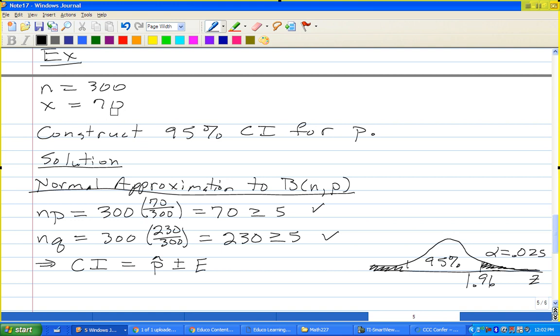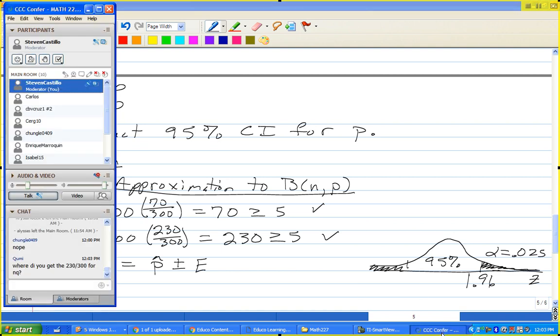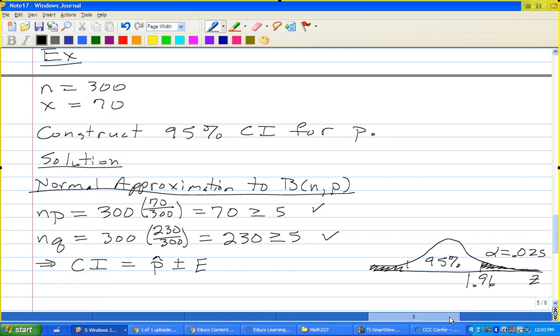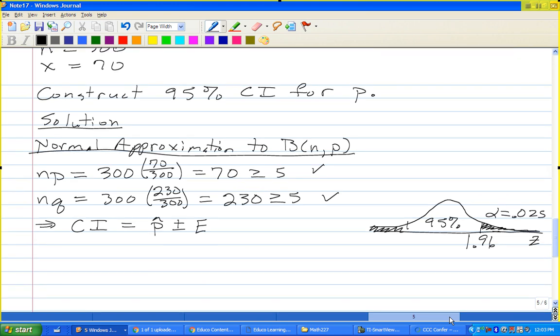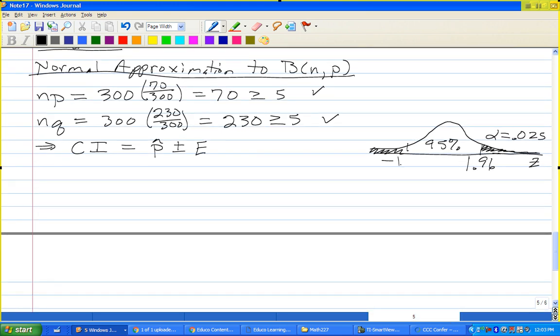So I just use the fact that I had 70 successes. That's the number of failures. So negative 1.96.